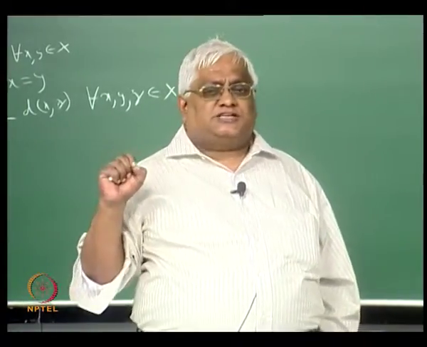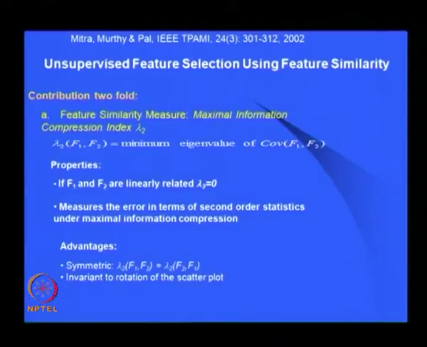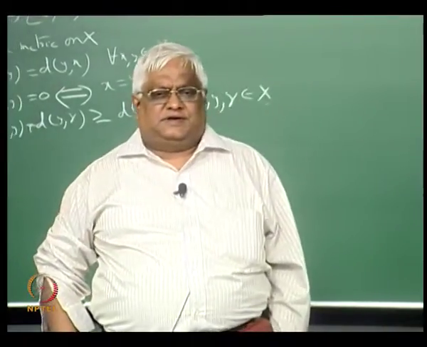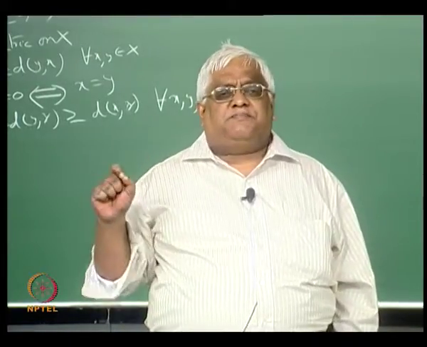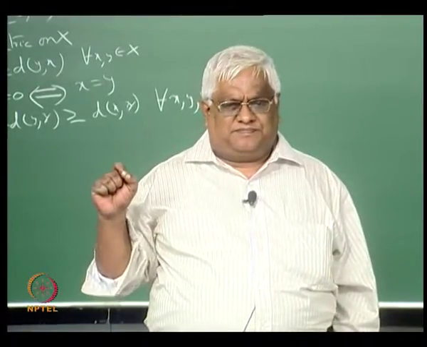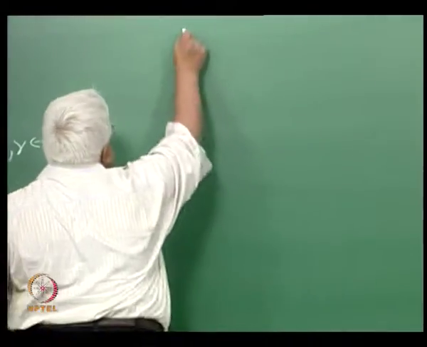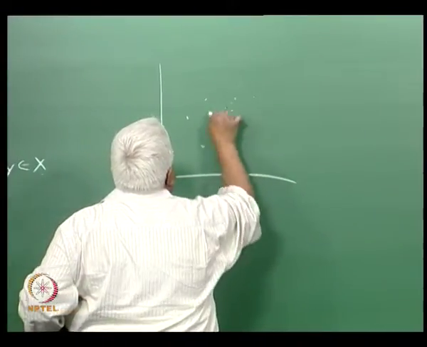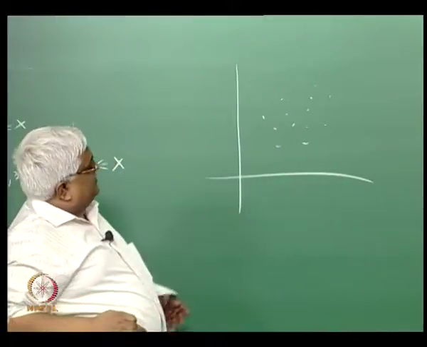Now, there is a third aspect on which I would like to discuss a little bit. The third aspect is data visualization. When we are given points in a two dimensional Euclidean space, these are the points that are given to us.